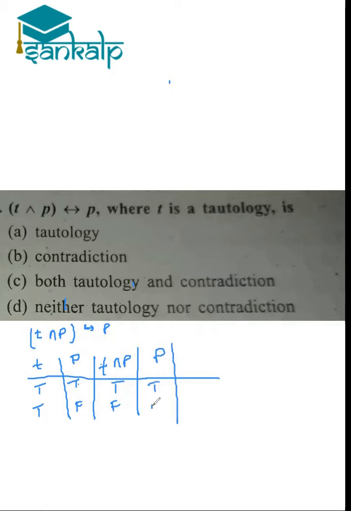P is T and F. On simplifying, T double implication T is also T, and F double implication F is also T. In both the cases we are getting the truth value, and this is the final answer for T double implication P. So both are true, so option A is the right option.